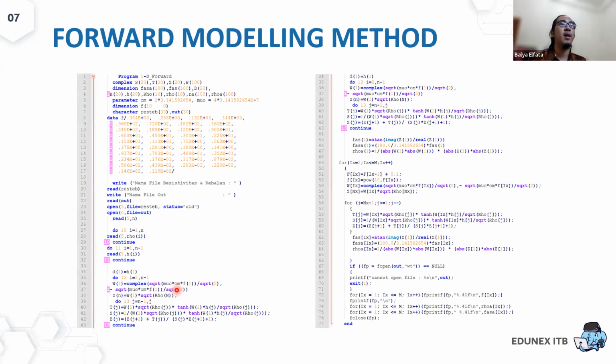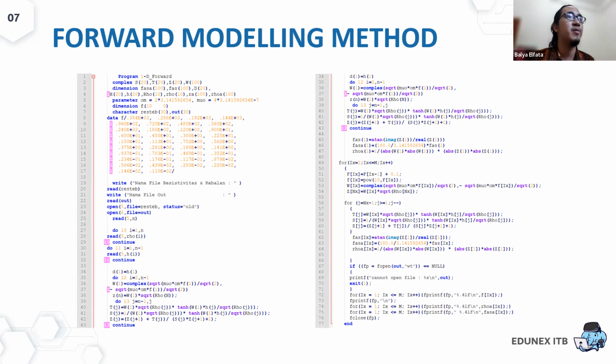Here is my program in Formula Translation language, or Fortran, where W is a complex number, and the derivatives, which consist of T, S, T, and Z, we're going to make complex variables.